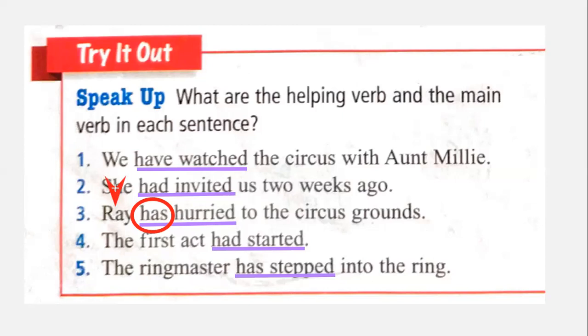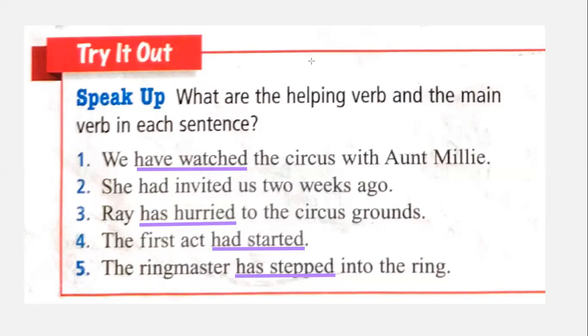Ray, is it naming one person or is it naming more than one person? Ray is naming just one. Yes, so Ray is a singular subject, and this is why we use has, because we use has with singular subject. Perfect. Let's go to sentence number 4, okay?